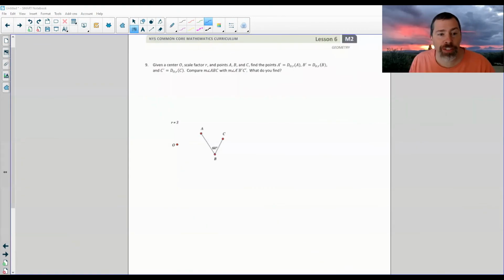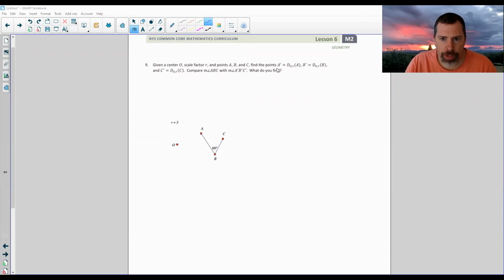Okay, page 6 brings us to number 9. Given a center O right here, scale factor R equals 3, points A, B, and C that form an angle of 60 degrees.